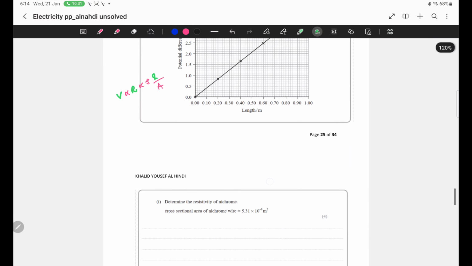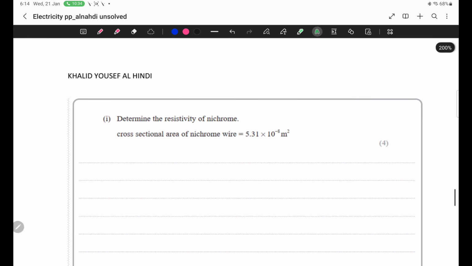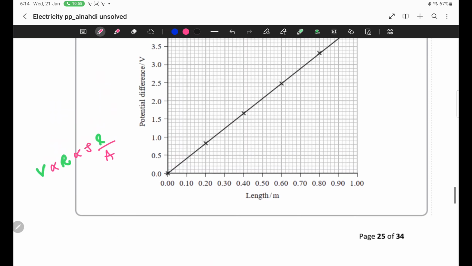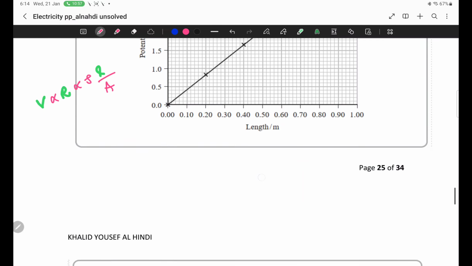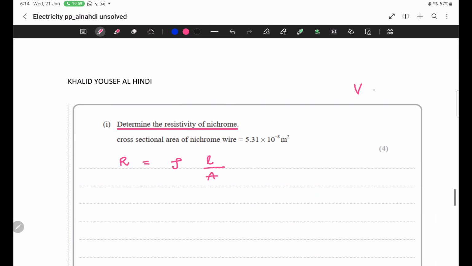Now by using this graph, we have to calculate the resistivity of the wire. Then the student will say, sir, the equation of resistivity is R equals rho L over A. But the graph is voltage versus length.